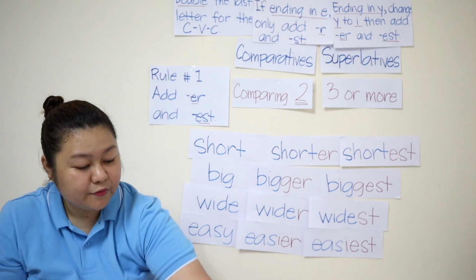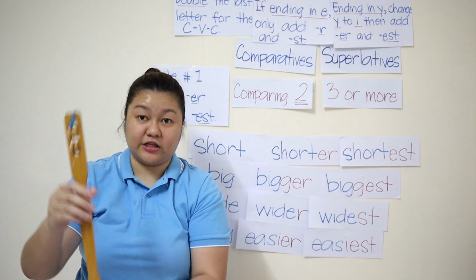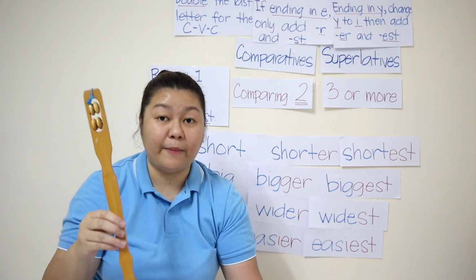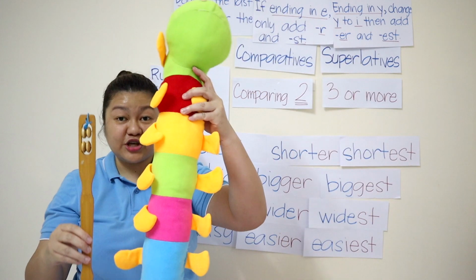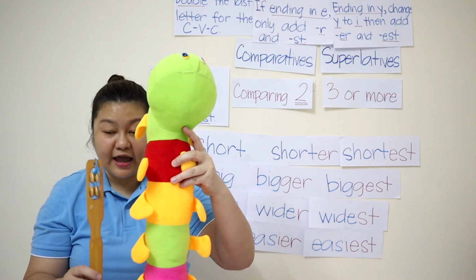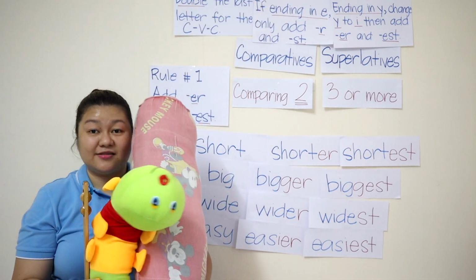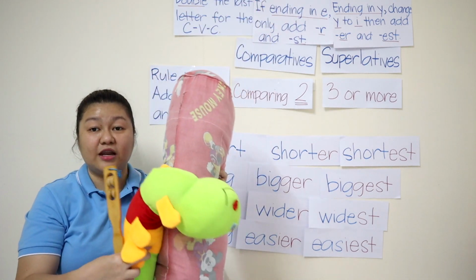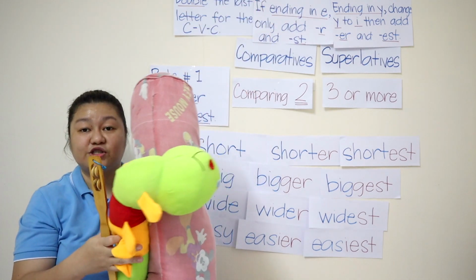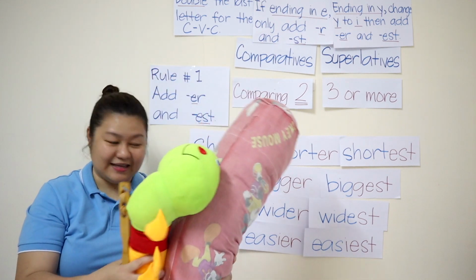Next one, we'll have tall. See, look, it's very tall. But we have also taller, if you can see it, it's taller. And then, wait for it, we have tallest. See, if you compare these 3 objects, we have the tall, taller, and then the tallest.